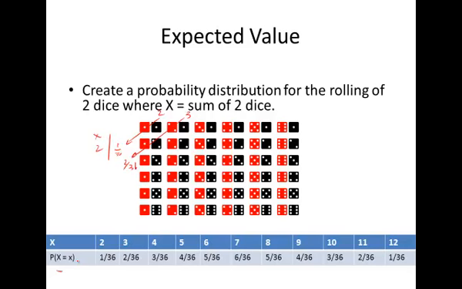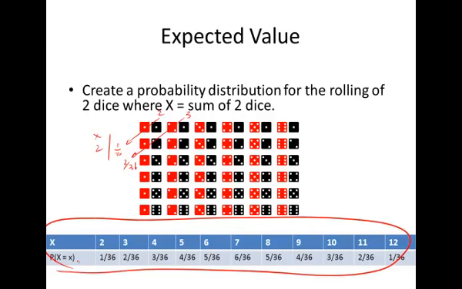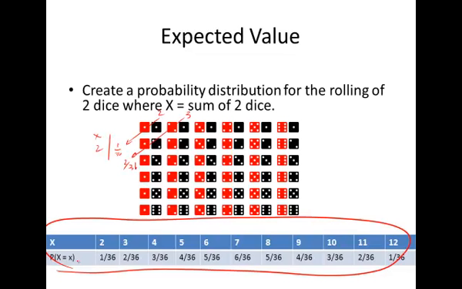This is the entire distribution that we created in the last slideshow. You can see that the most likely sum is 7, because it could be red 6, black 1, red 5, black 2, red 4, black 3, and so on. So these 6 cases add up to 7.